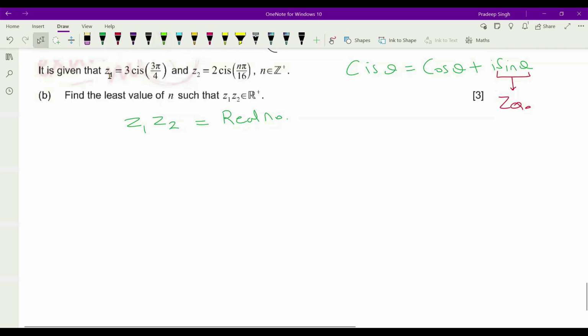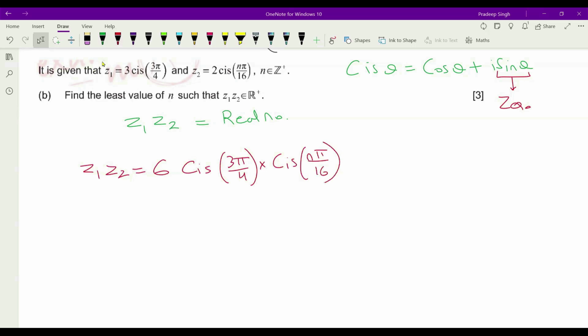Now let's multiply z1 and z2 using the property of cis. z1 into z2 will be equal to, first we multiply the two magnitudes together. 3 into 2 will become 6. And then the two cis functions, let's multiply them together, with n pi divided by 16.